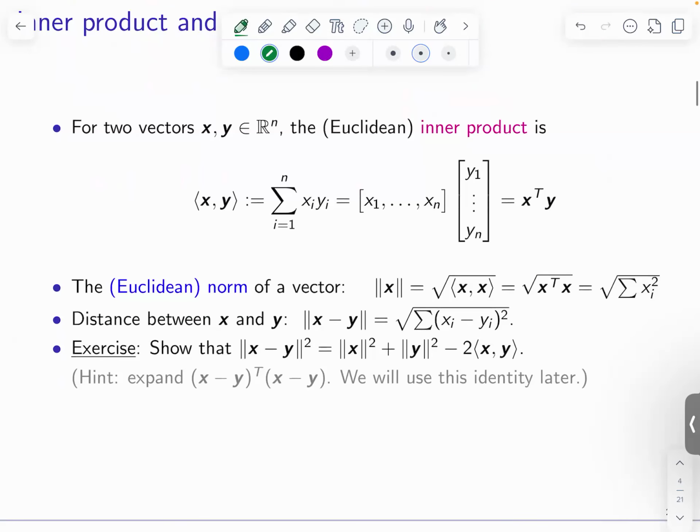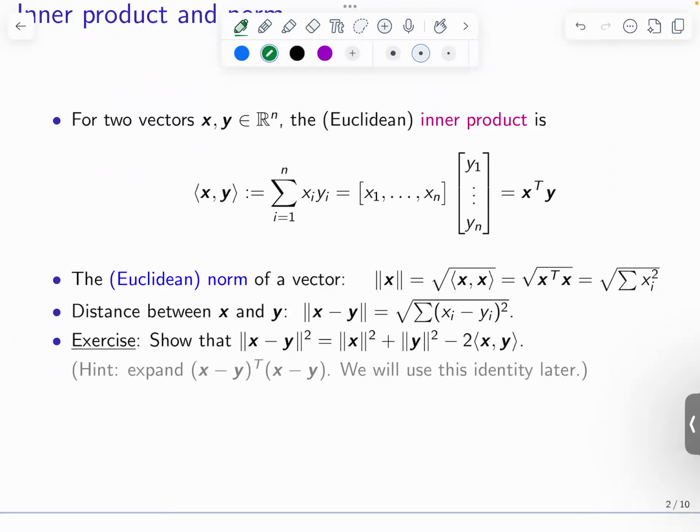Oh, I forgot. There's an exercise that you can do. This is going to be useful for us. If you square this norm, you can write it as norm of x squared plus norm of y squared minus 2 x inner product y. It's like the usual (a plus b) squared is a squared plus b squared minus 2ab, but for vectors.